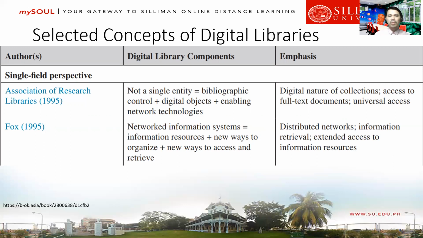And when you say network, it may be a local area network, a metropolitan area network, or the wide area network, which is worldwide. According to the facts, the digital library during this time is composed of information resources. It has new ways to organize, and there were also new ways to access and retrieve information.